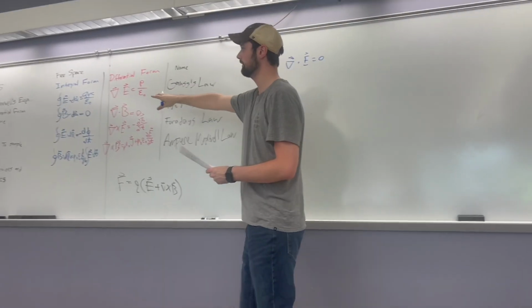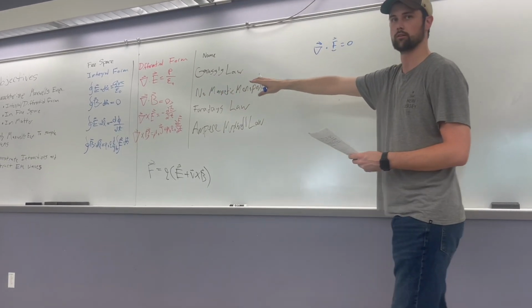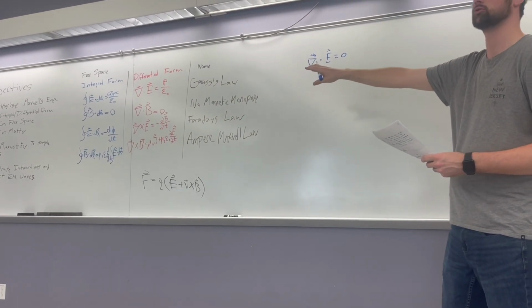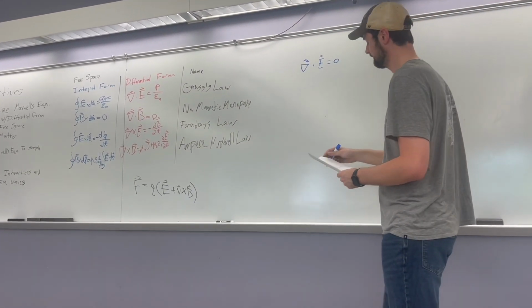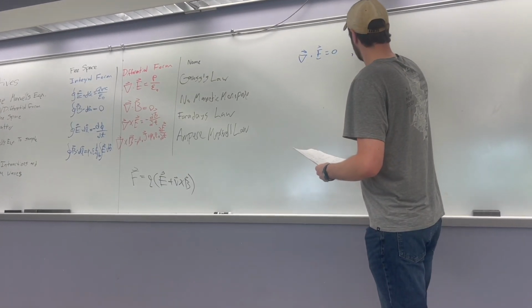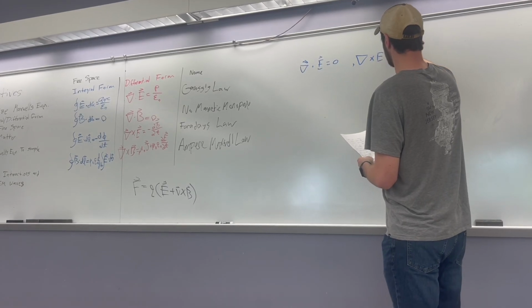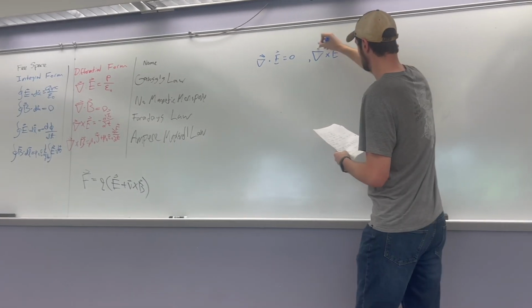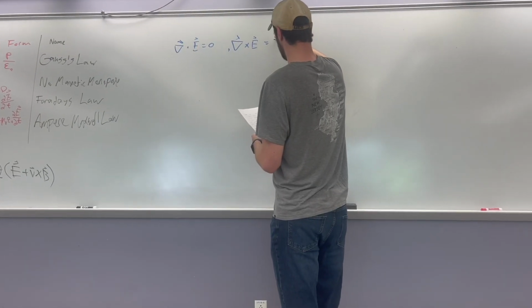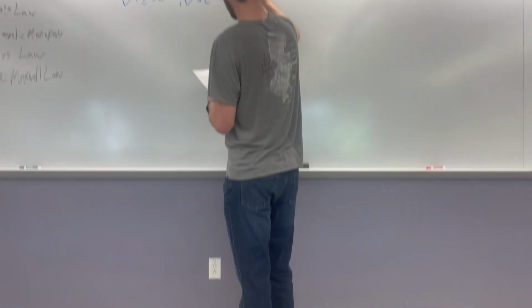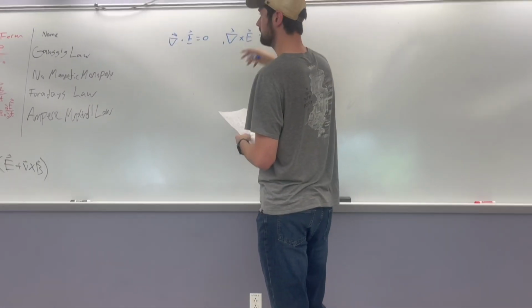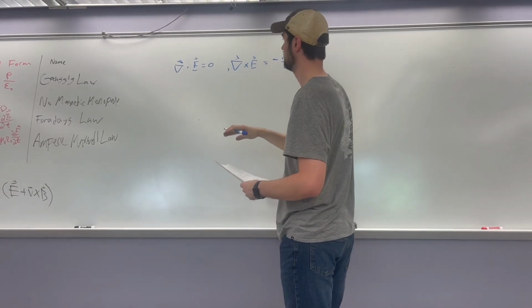We modified it a little bit. There is no charge density in this situation. And del cross E is equal to negative the partial of B with respect to t, just like it's written over there, Faraday's law.